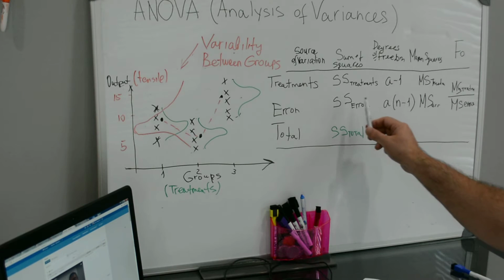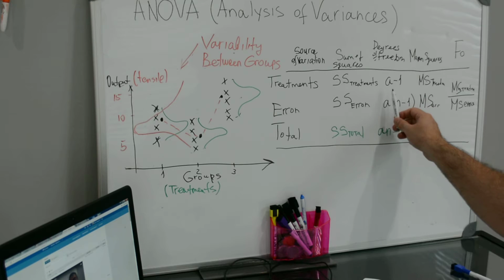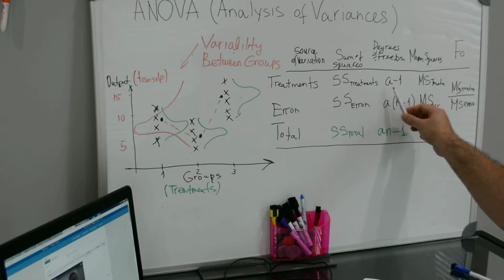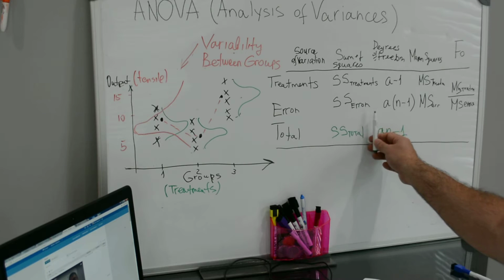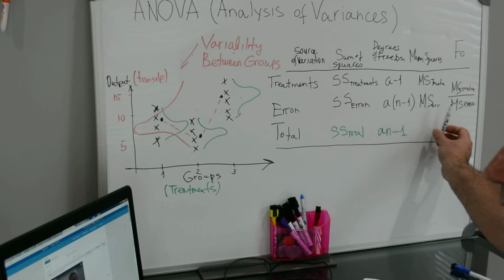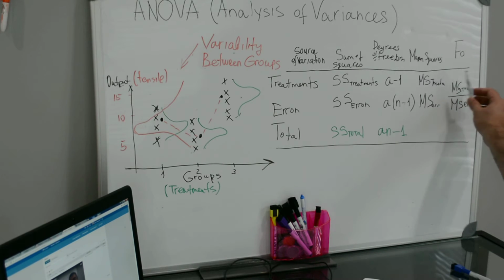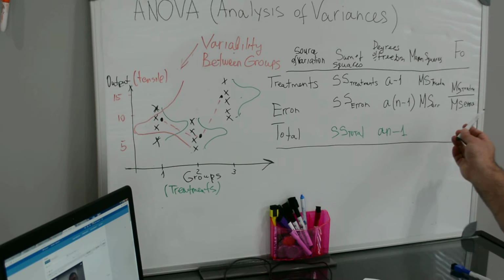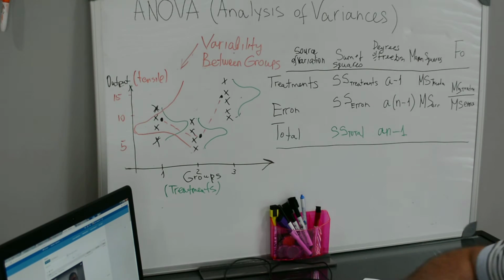Then the sum of squares of treatments is divided by its degrees of freedom, and we obtain the mean square. The same way, the sum of squares of errors is divided by the degrees of freedom for error, and we obtain the mean square of error. The ratio of those two mean squares is the F statistic, which follows the F distribution.